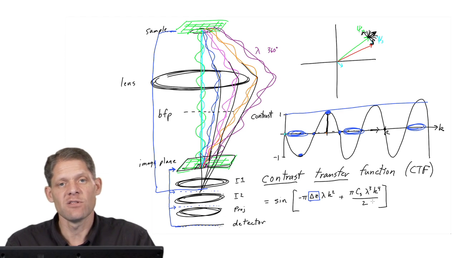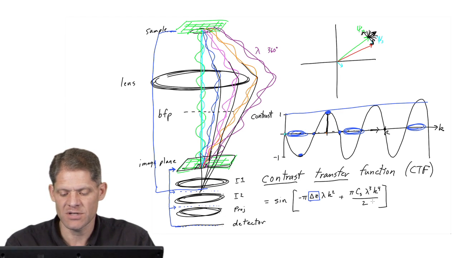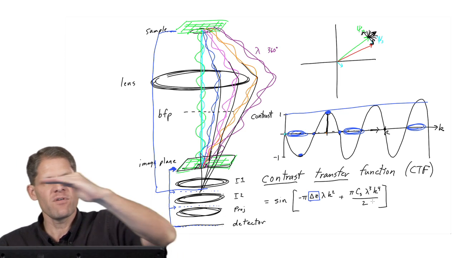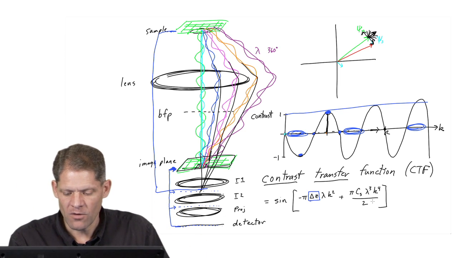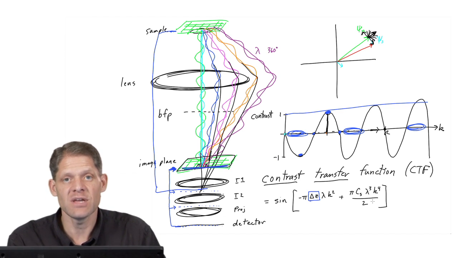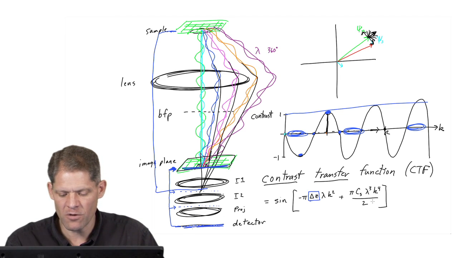And as long as we haven't changed the magnification, which changes the current in the projector and the intermediate lenses, this detector plane is going to be conjugate to a fixed plane in space within the microscope. And wherever that is, the wave function that exists in space right here is going to be imaged in magnified form and appear on the detector below.